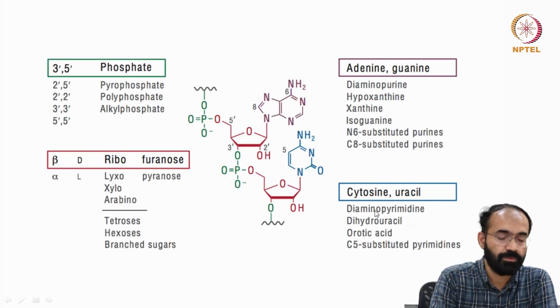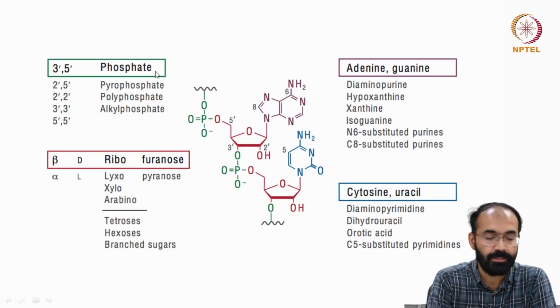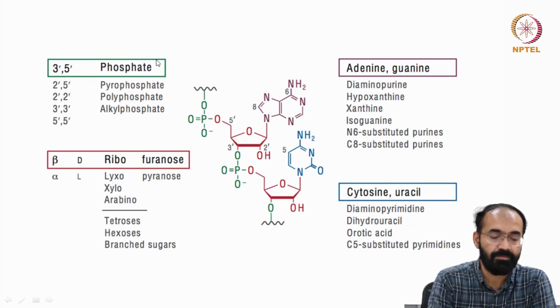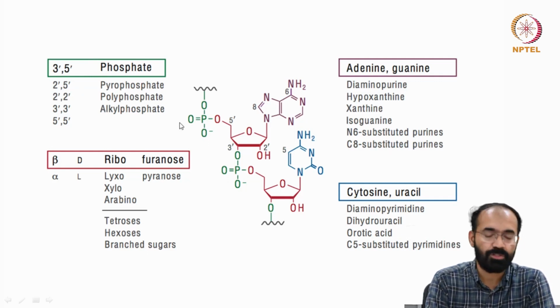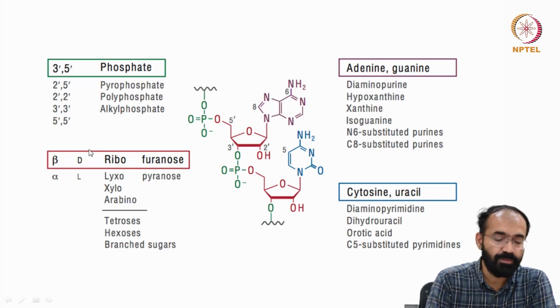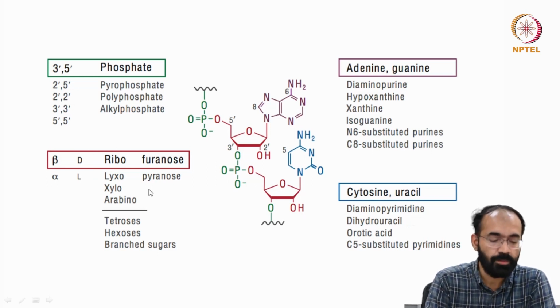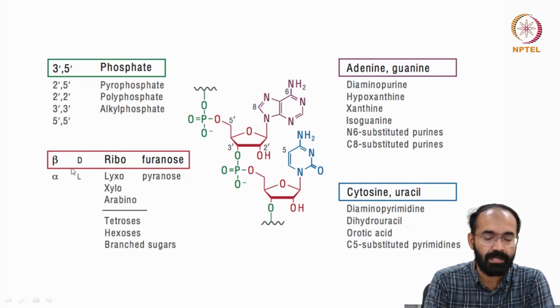If you look into this left panel top, a few molecules are kept in a box. That 3' 5' phosphate, and you also have 2' 5' pyrophosphate, 2' 2' polyphosphate, 3' 3' alkyl phosphate, and so on and so forth. And if you see left hand side down, you also have beta D ribofuranose, and you have got alpha L lixopyranose.